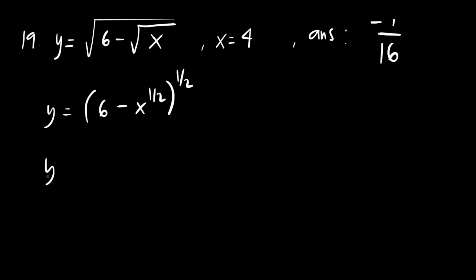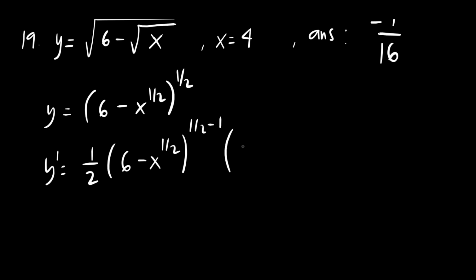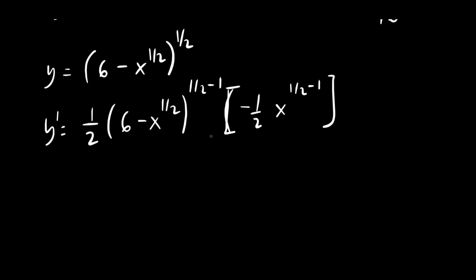So we have y prime is just equal to 1/2 multiplied by, just copy the inside, 6 minus x raised to the power of 1/2, raised to the power of 1/2 minus 1. So the derivative inside is negative 1/2 multiplied by x raised to the power of 1/2 minus 1. Right, so we further simplify this.